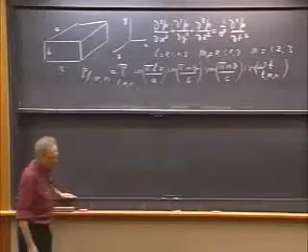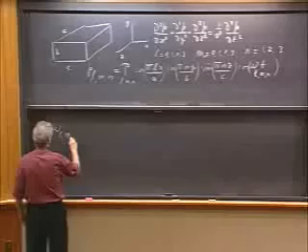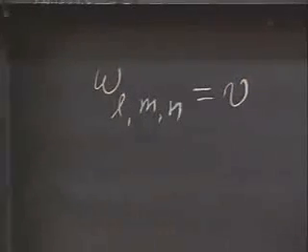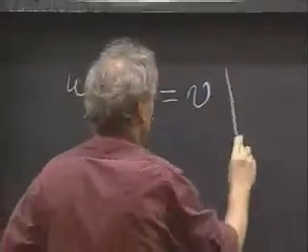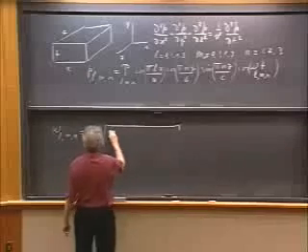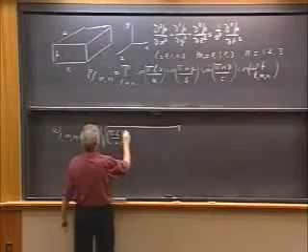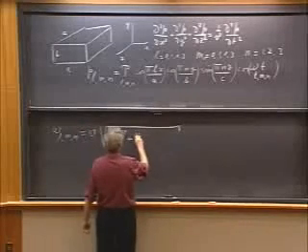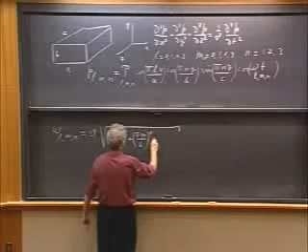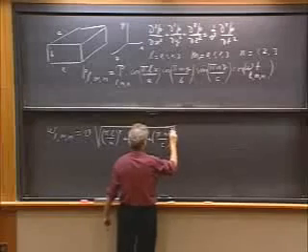And so that connection is that omega L, M, N becomes V, which is the speed of sound, times the square root of pi L divided by A squared plus pi M divided by B squared plus pi Nancy divided by C squared.